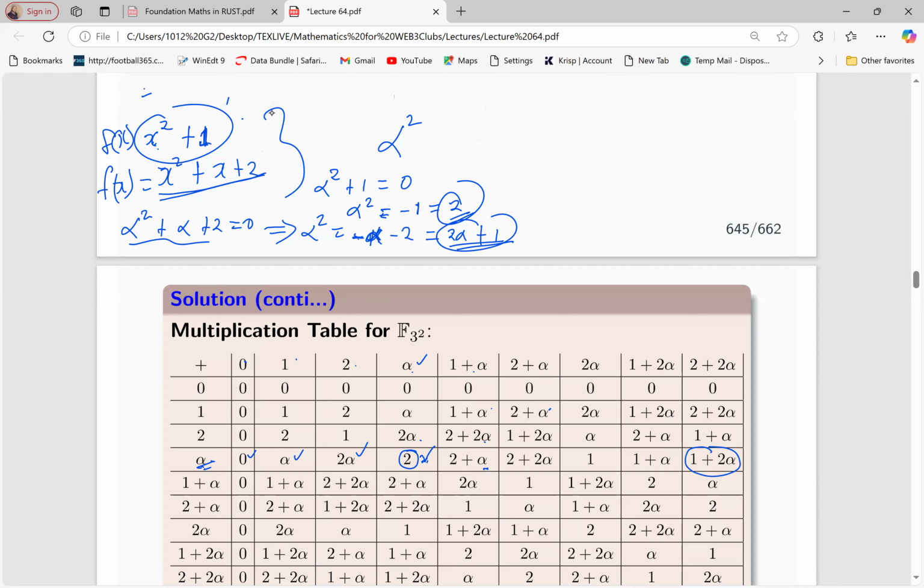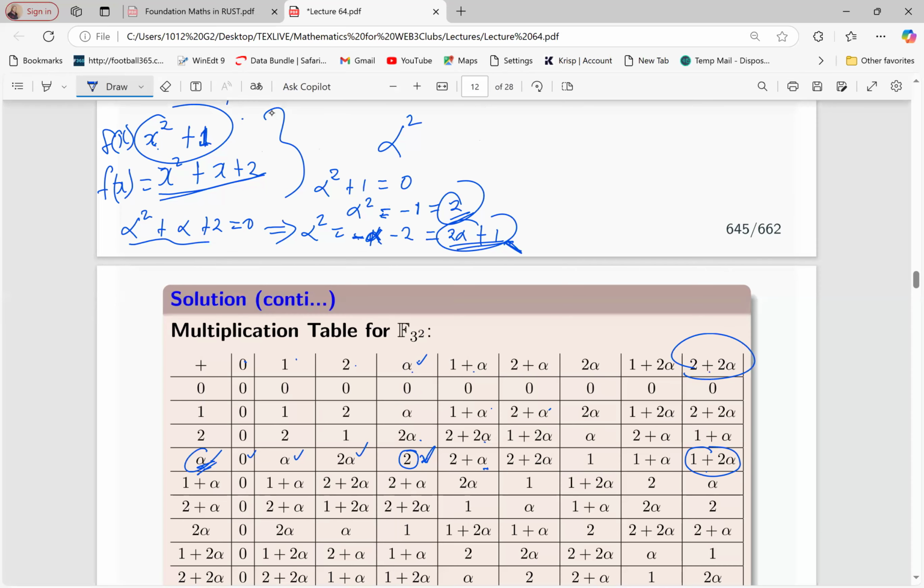We've seen that this times this, if you're using the first one, becomes 2. But if you're using the second one, you get this. So let's go to the one that is affected. Let's multiply this and that and see if we get what we just said. This will be 2 alpha plus 2 alpha square.